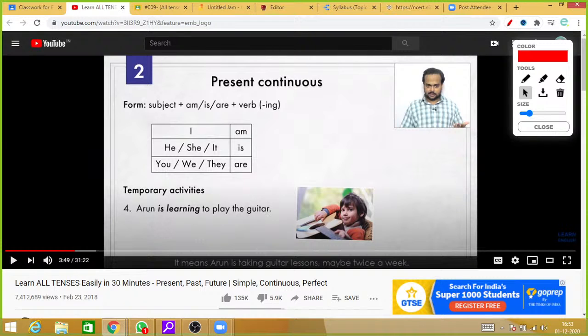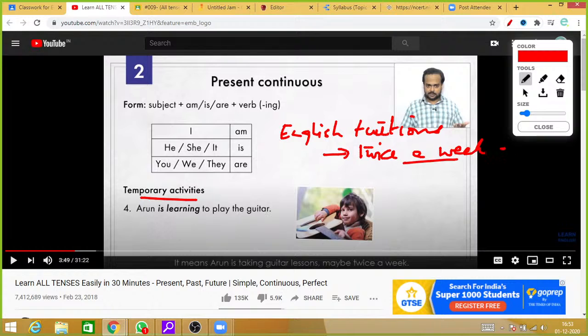Not necessary that you will always continue with these tuitions. So it is a temporary activity. Like these English classes, English tuitions are held twice a week. Similarly, Arun is learning to play the guitar twice a week or once a week, whatever.